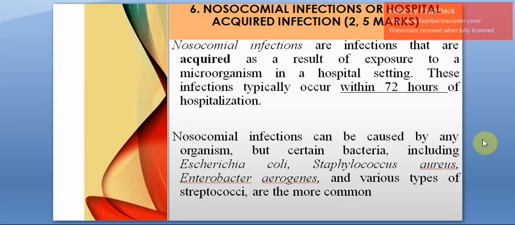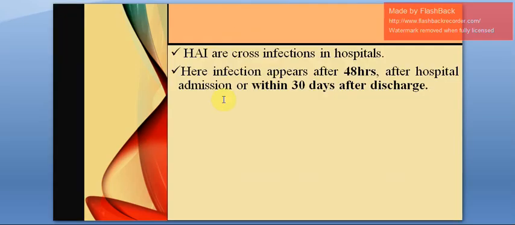Types of nosocomial infection are not there in the slide, please note that. We have exogenous infection and endogenous infection. Exogenous infection means it occurs from microorganisms external to the individual that do not exist as normal flora.